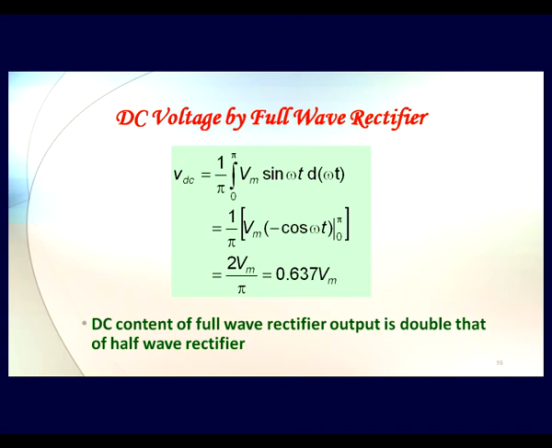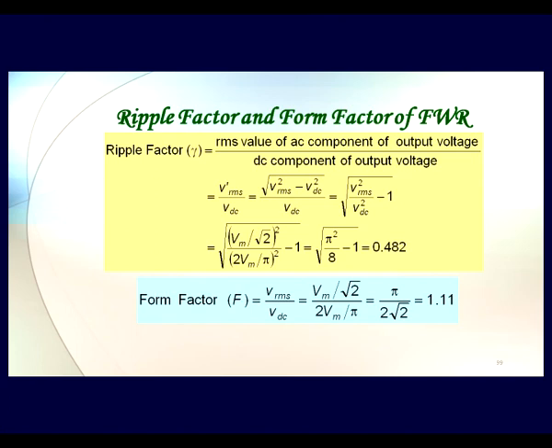And the ripple factor, if you see here, is quite less, because the ripple factor is equal to the square root of V RMS square upon VDC square minus 1. If I substitute the values for the full wave rectifier, that is Vm upon root 2 squared upon 2 Vm upon pi squared, minus 1, it comes out to be 0.482, and the form factor is 1.1.